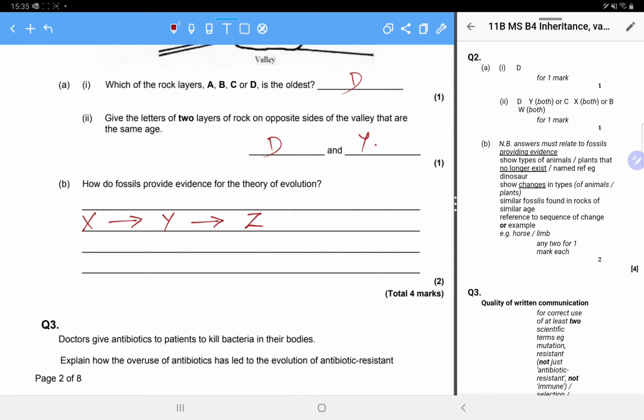Now, if that was true, and you have Z here, evidence of evolution would be to be able to see the changes that had occurred back in X and Y. So, for example, you remember I did you the video of the whale.